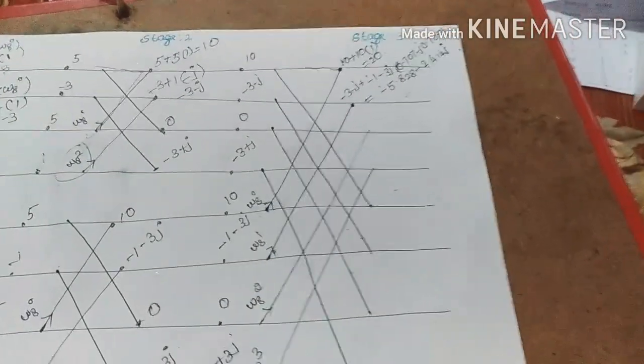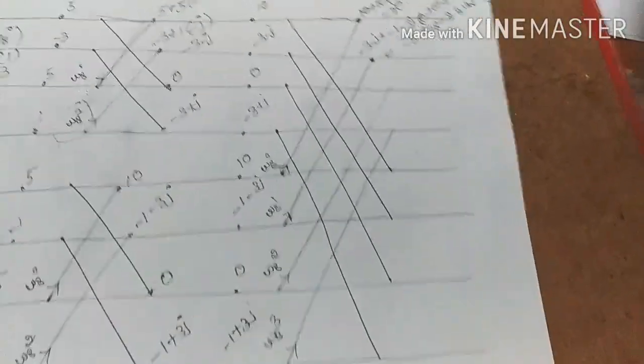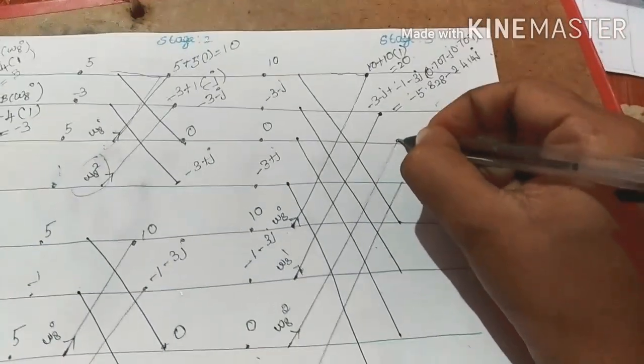Okay, when compared to stage number 1 and 2, stage number 3 calculations are a little bit difficult and complex. So carefully do these stage number 3 outputs.